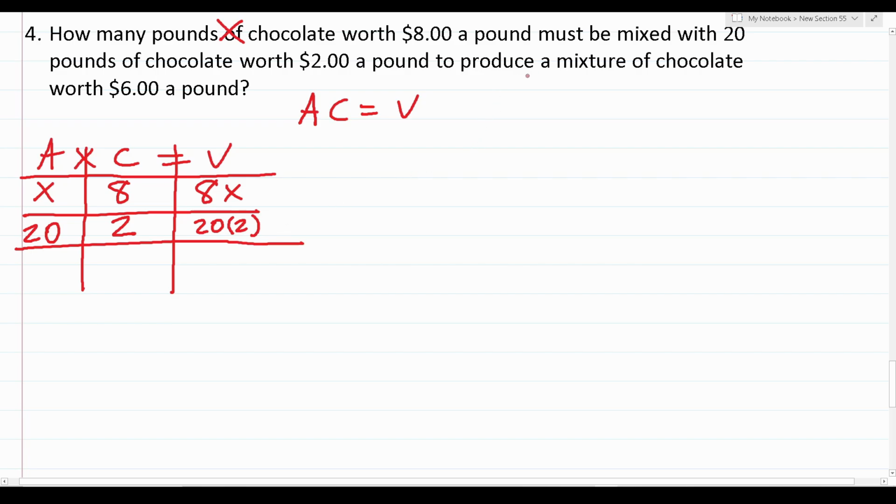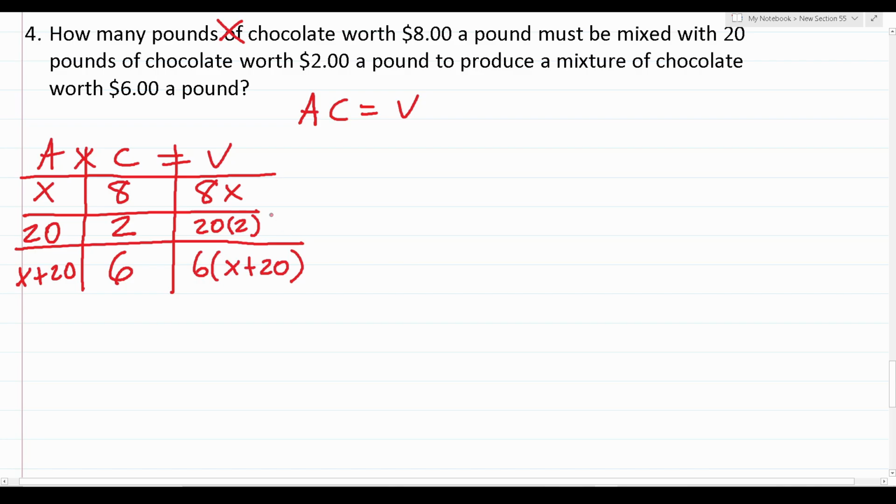All right, to produce a mixture of chocolate worth $6 a pound. So we know this blended chocolate has to be worth $6 per pound. And as far as its amount goes, that's going to be x plus 20 pounds of chocolate. Therefore, we know the value of this blended amount of chocolate is going to be 6 times (x plus 20).